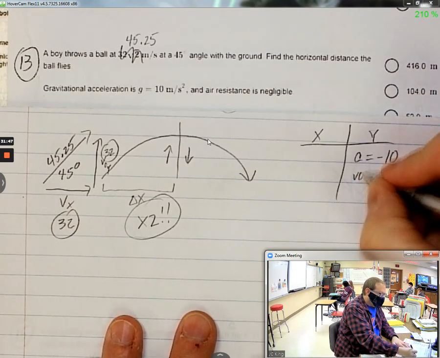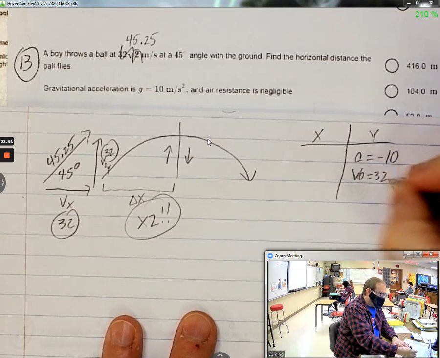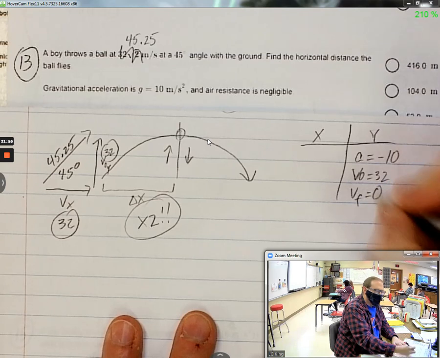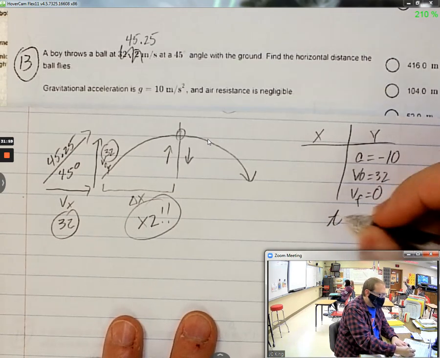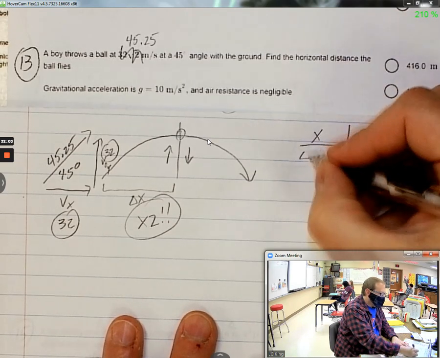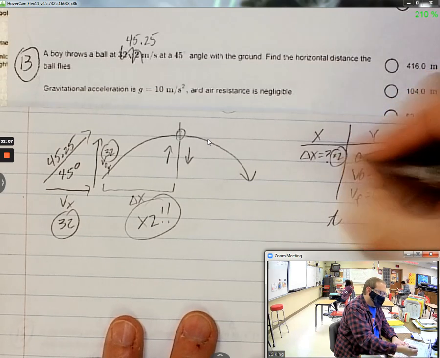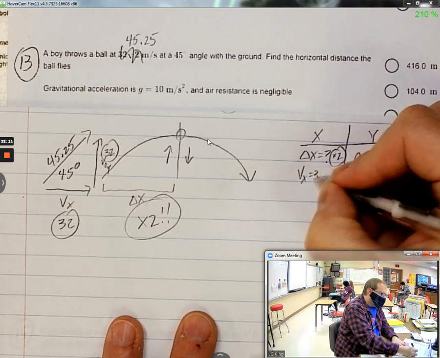We know our v0 is 32. And then at the top of the path here, our vf is going to equal 0, right? We don't know time yet. We're going to need to find time. We don't know our delta x, so what we're looking for, times 2. We do know our v of x is also 32.